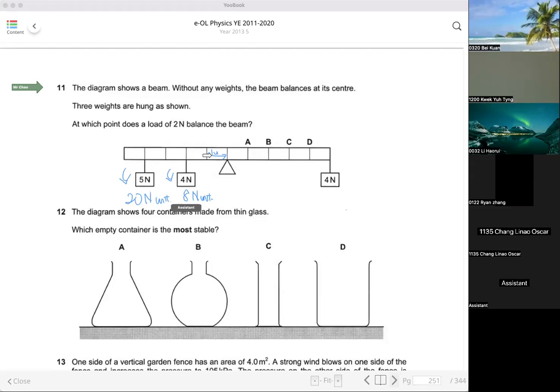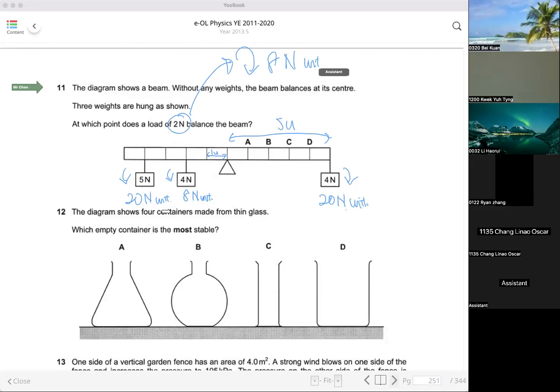Okay, so far? This 4 Newton, here is 5 units, will give you a clockwise moment of 20 Newton unit. Is that clear? So for the whole thing to balance, this 2 Newton should also give you a clockwise moment of 8 Newton unit. Why?